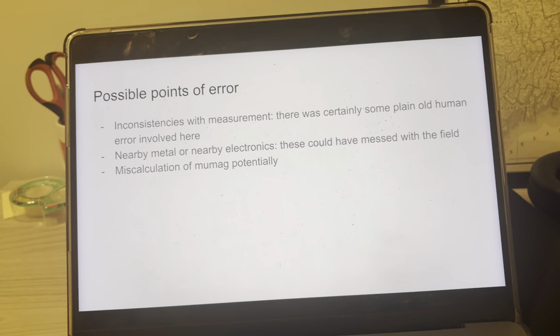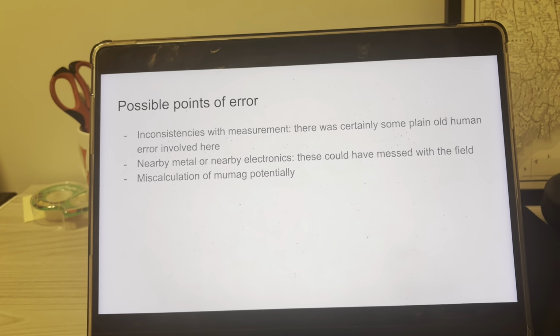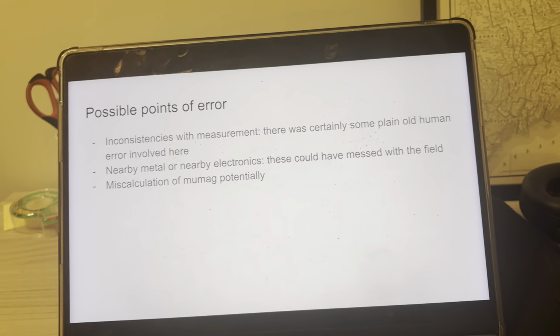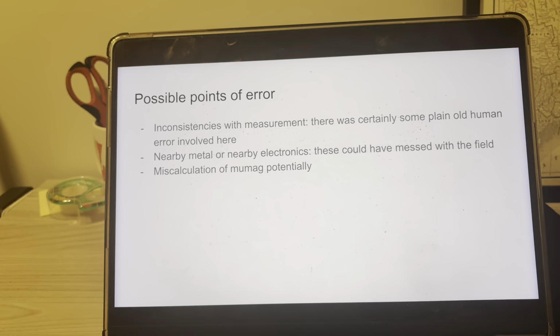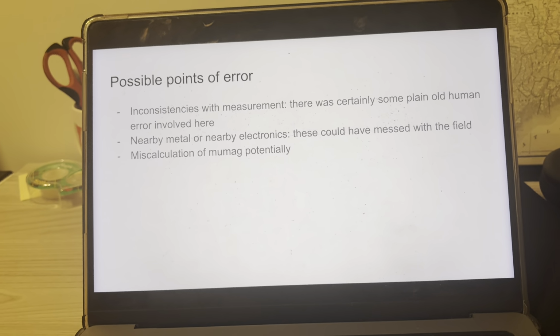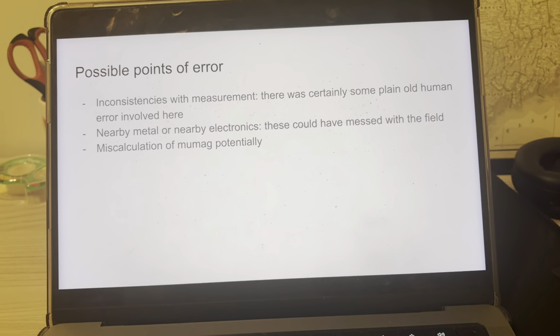And then also inconsistency with measurement and human error. The numbers on the device were fluctuating a lot, so we just averaged it out, or tried to, but we obviously could have been wrong there.